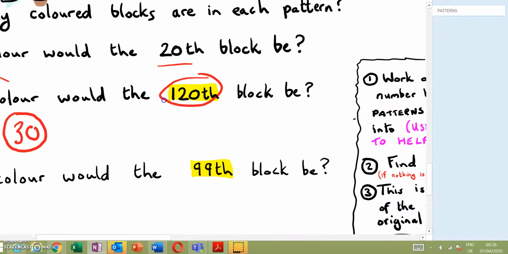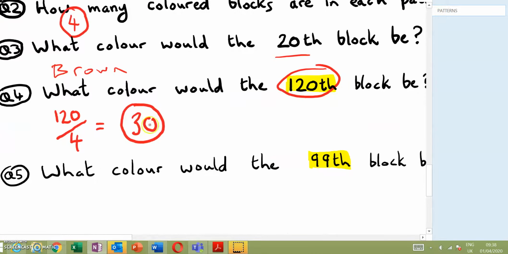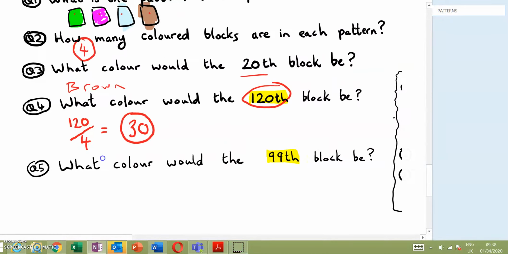So I've already gotten the answer. It didn't come out as 30.1 or 32.4, because if it does, there's more work to do. No, it didn't. It came out as a nice whole number. So I've gotten my answer. It's the last colour in the shape, which is brown.